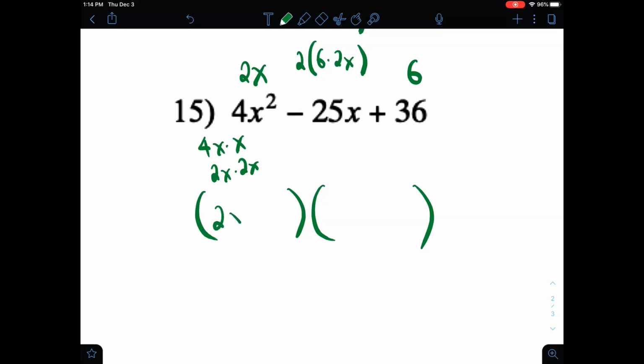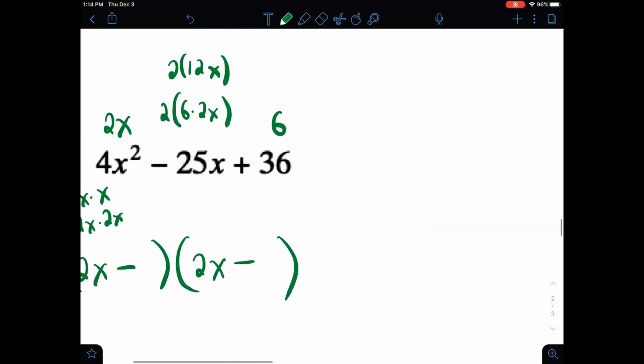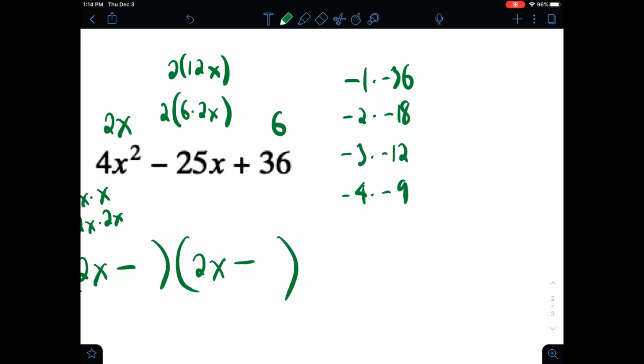Let's try 2x and 2x for now. And this is a negative and a positive, so these are going to both be negative in the middle, which is nice. And the factors of 36 are negative 1 times negative 36, negative 2 times negative 18, negative 3 times negative 12, negative 4 times negative 9, and negative 6 times negative 6.